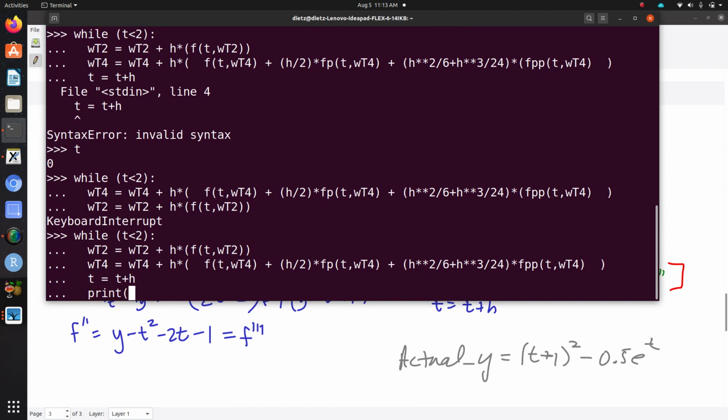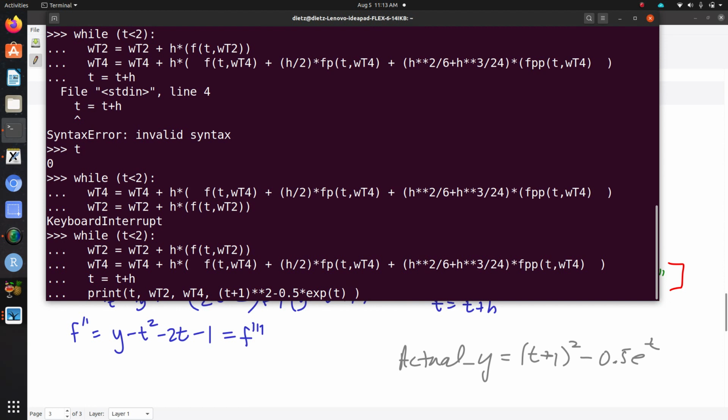Good. Now print T, WT2, WT4, and the actual answer, which is T plus 1 squared minus 0.5 times EXP of T. So there we go.